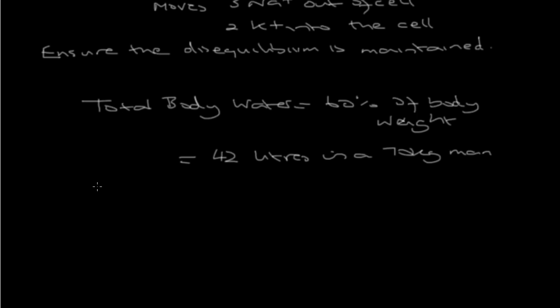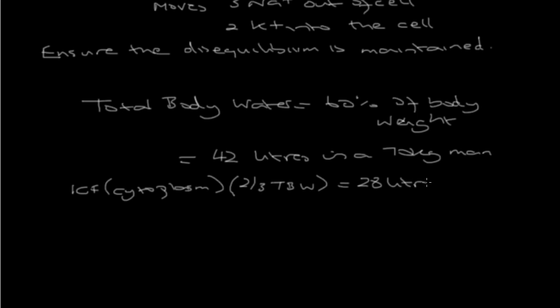So we can work out from that how much is in the intracellular fluid and how much is in the extracellular fluid. So intracellular fluid, which is that fluid inside the cell and mainly cytoplasm, which we know is 2/3 total body water. If we do the maths, that means that in a 70 kilo man we've got approximately 28 litres of intracellular fluid.